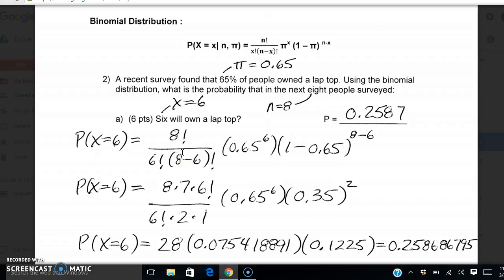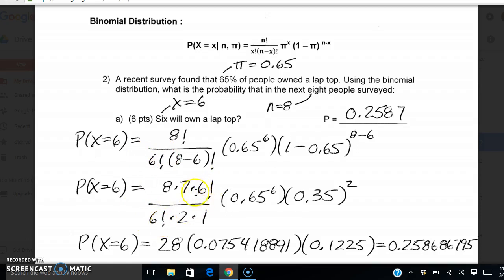Now you notice I see the 8 factorial on the top here, and I bring that down to the 6 factorial, 8 times 7 times 6 factorial, and I stop at the 6 factorial because I see a 6 factorial here in the denominator, which is what I have right here. Now both of those are going to cancel each other.